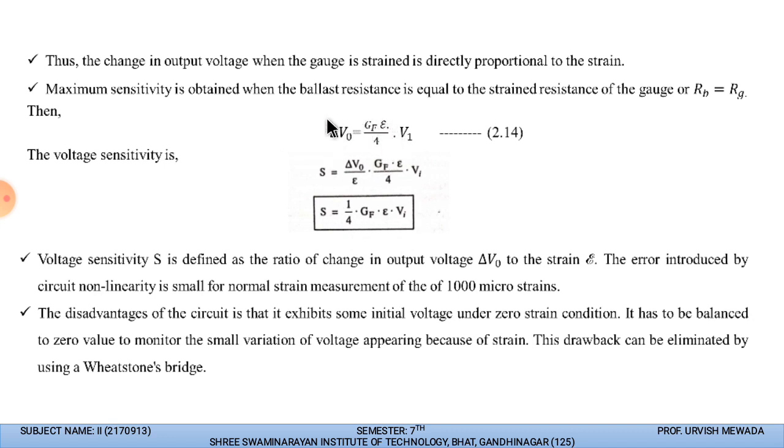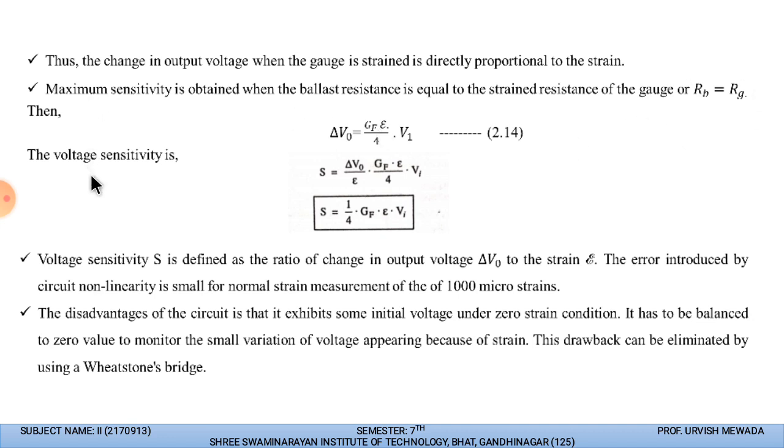That's why by using the ballast circuit, the maximum sensitivity can be obtained when the ballast resistance is equal to the resistance of the gauge. As I already explained in the previous slide, it is the compensating resistance. So both resistances have the same value, RB equals RG, meaning ballast resistance is equal to gauge resistance.